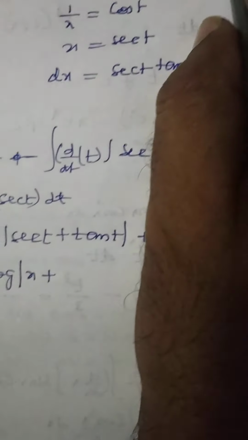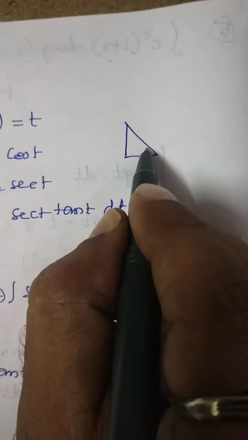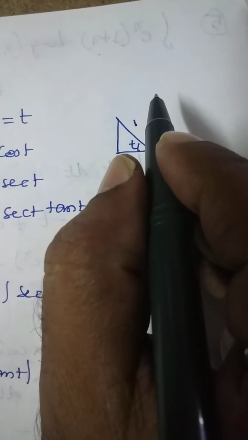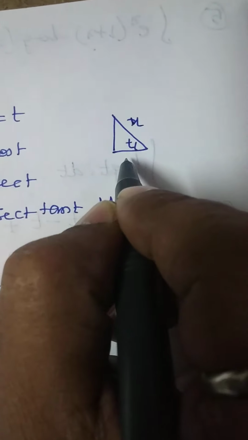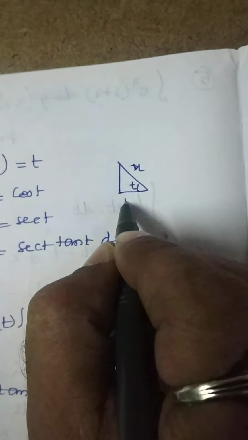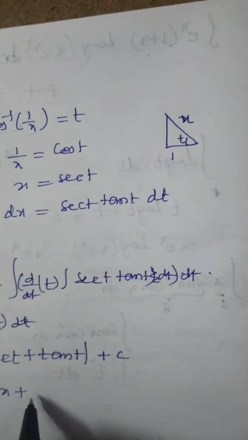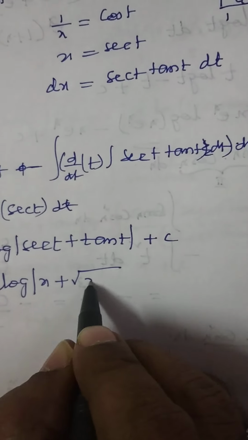If secant t is, from assuming any triangle, hypotenuse is x, so x by 1 if you write, we will get the value here of tan t, which is equal to root of x square minus 1.